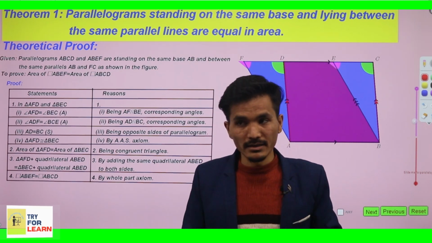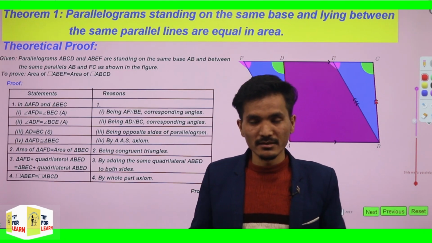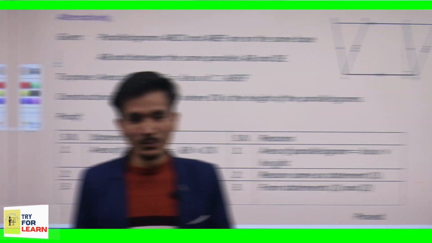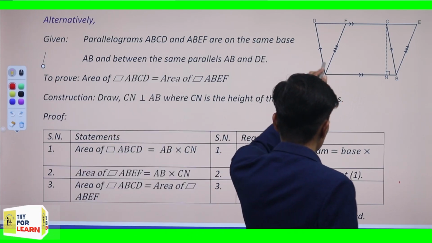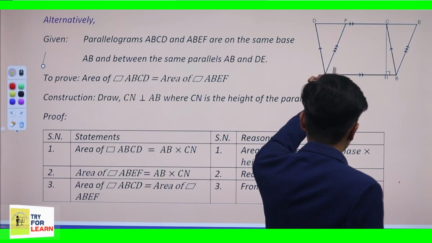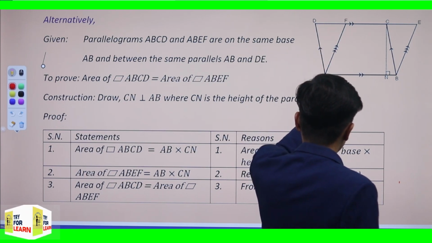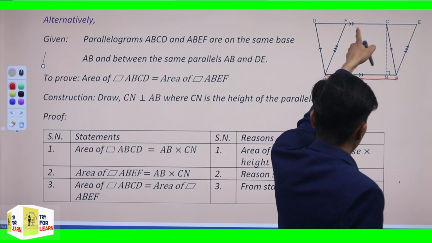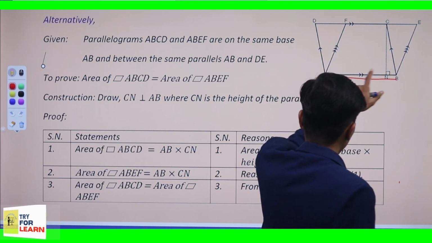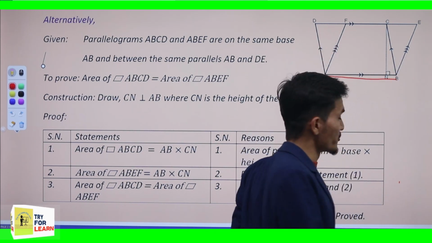By another alternative method also we can prove this theorem. Let's see. You need to draw two parallelograms on the same base and between the same parallel lines. Here you see on the same base AB, parallelograms ABEF and ABCD are drawn.